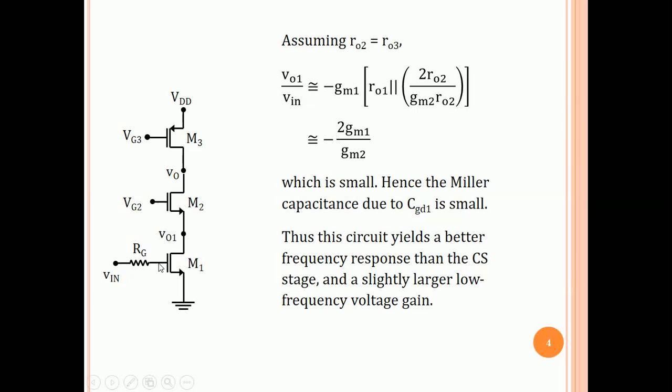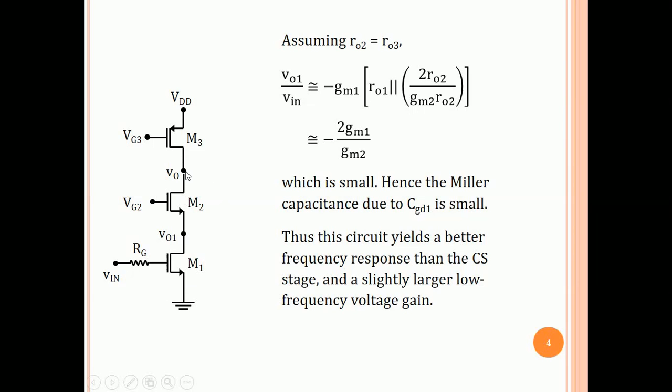This circuit has a small Miller capacitance but the same gain as a common source stage. So by adding a transistor, we have improved the frequency response while keeping the low frequency voltage gain the same.